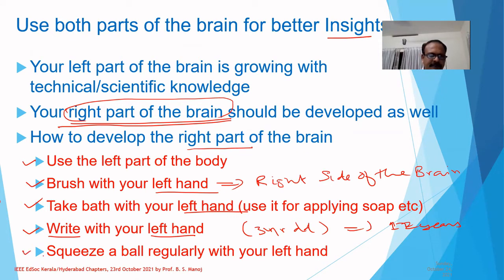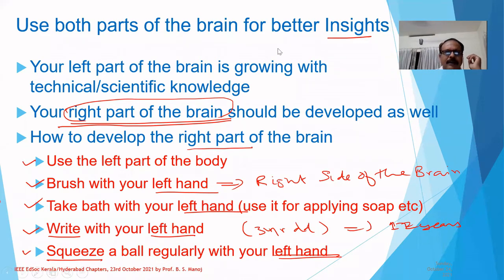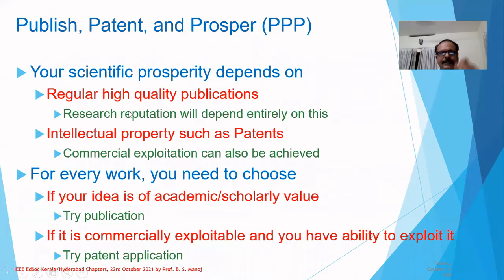Many people say when you use a ball regularly with your left hand, it is proven that the right side brain is very, very useful. This way you will be able to improve the ability to develop insights that can be very, very useful for research. Now, let me come to the second main point: publish, patent, and prosper.